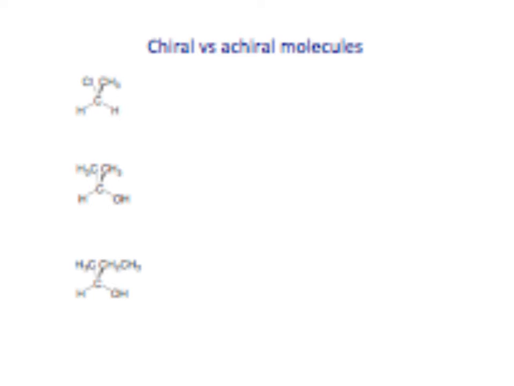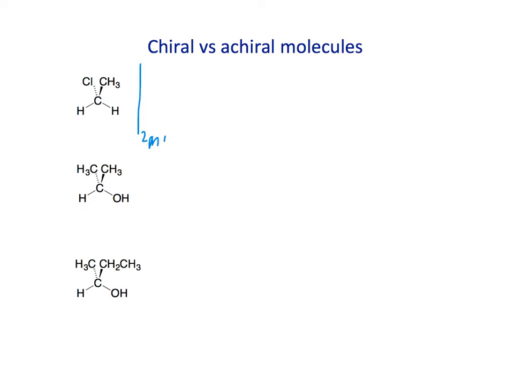Molecules can be chiral or achiral as well. And so we can analyze them in the same way as we analyze the objects on the last slide. So what we want to do is compare each of these molecules to its mirror image. So let's imagine putting a mirror right here, and we'll draw the mirror image structure. Okay, so here we would have a carbon.